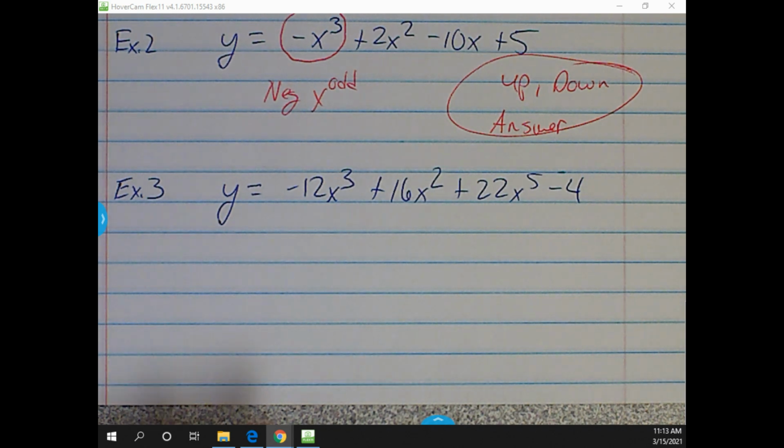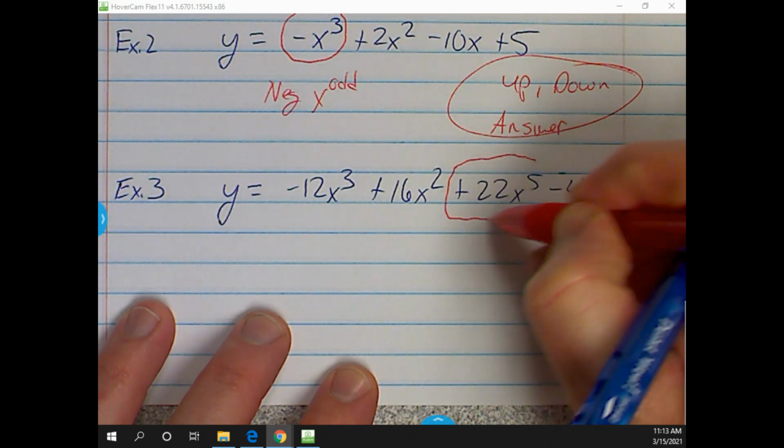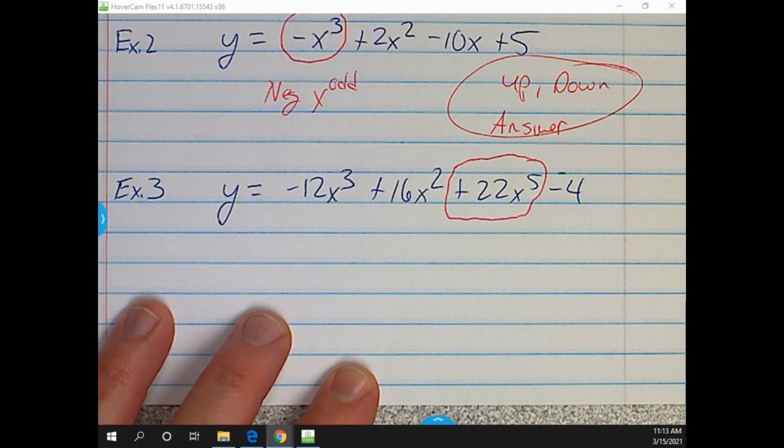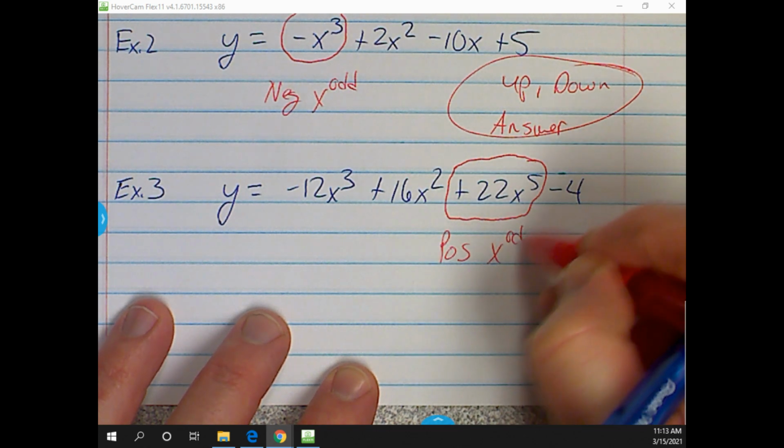All right, again, find what would be your first term. They call it the leading term. So that would be your highest power of x. In that case, it would be the 22. It is positive. It's x to an odd power.